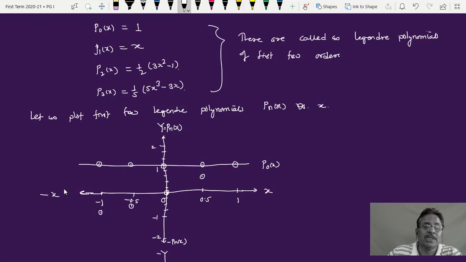So connect all these points. Connecting all of them, I got something here. This should pass through this. So that is how this is passing through this one again. And this is my P1 of x.